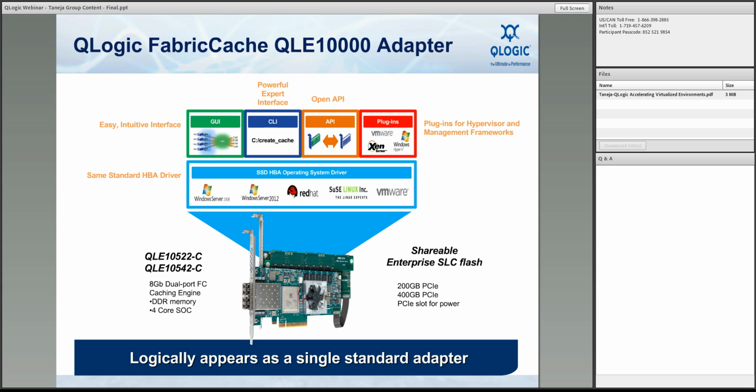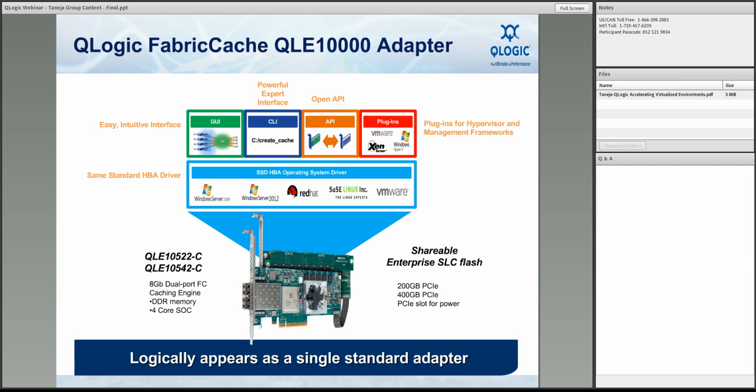The operating system support in the middle there, you see it's a variety of Windows and Linux, as well as VMware for virtualization. Other hypervisors are being worked on, but this is what is available today. As far as tools available on the top row, the easy intuitive GUI, which is a standard QLogic management tool.